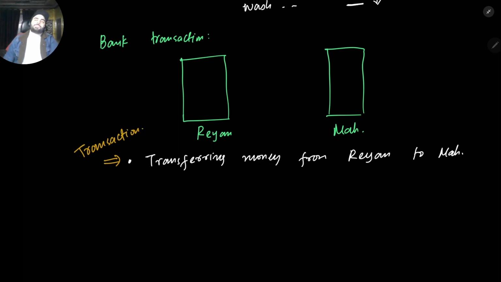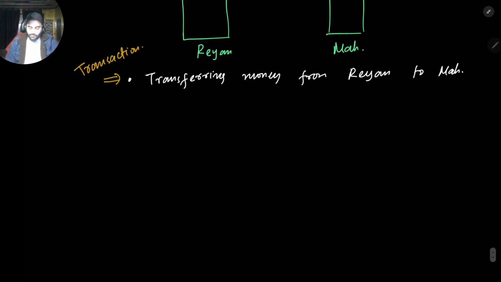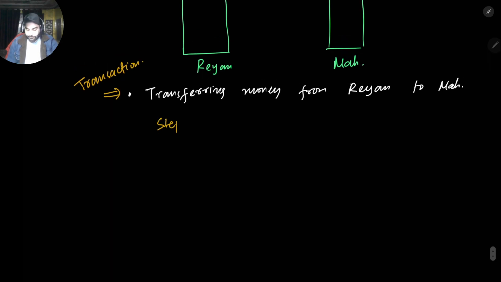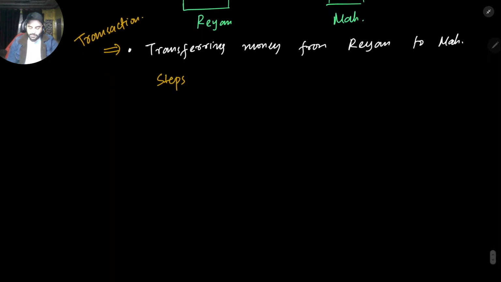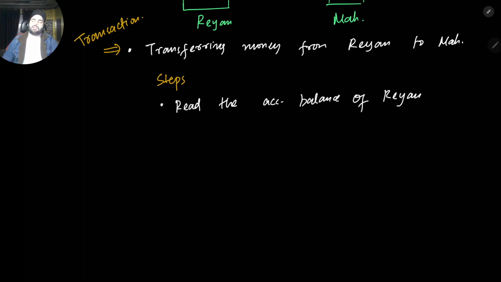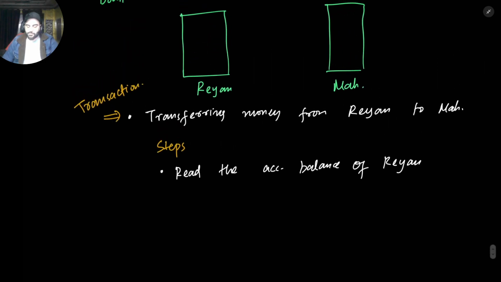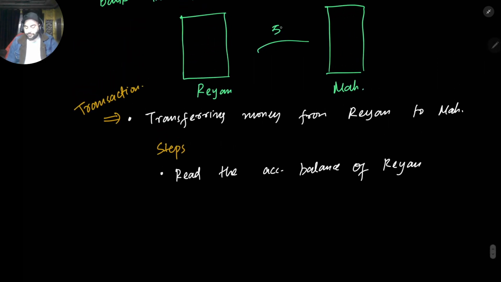Let's now see what steps are involved in it. The first thing is we must read the account balance of Rian, because Rian is transferring the money. In order to see if the balance is there so that he can transfer the money to Mahvish, we must read Rian's balance. Let's suppose we want to transfer 50 rupees, and Rian has 1000 rupees.